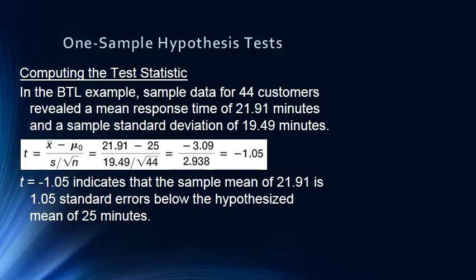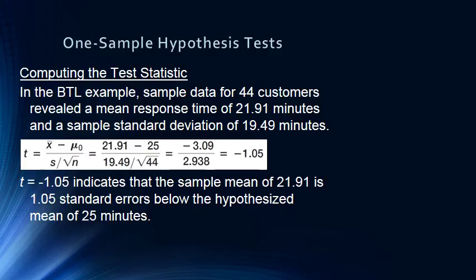Therefore, the test statistic, or t, will use x bar minus mu from the sample over the standard deviation over the square root of n, where n is the number of items in the sample.